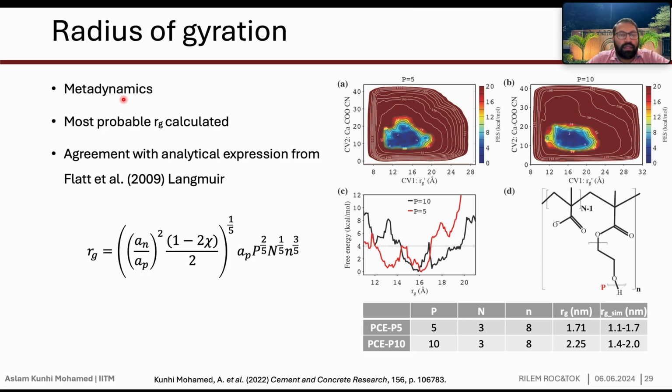As another example with PCEs, you can also use metadynamics calculations to look at the radius of gyration and other parameters, which can also be calculated from analytical expressions, to validate how the PCEs behave in solution or close to surfaces.